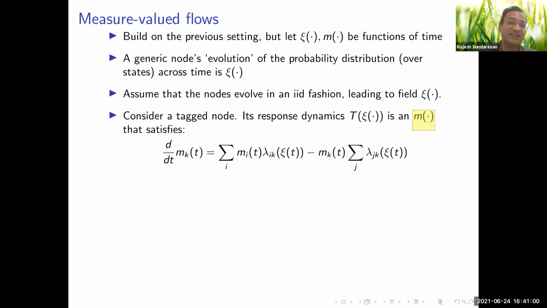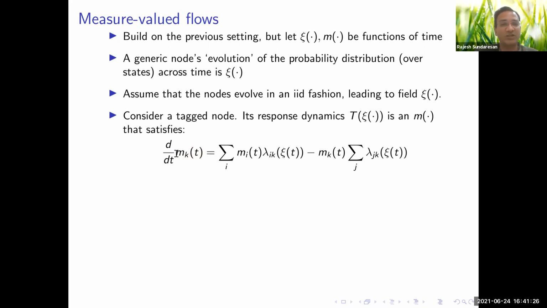And the condition is that it's looking at the inflows and outflows in a dynamic way. So dmk of dt tells me the rate at which this particular node enters state k. You can think of it as a time average. You can think of it as the probability mk of t and how that changes with time.